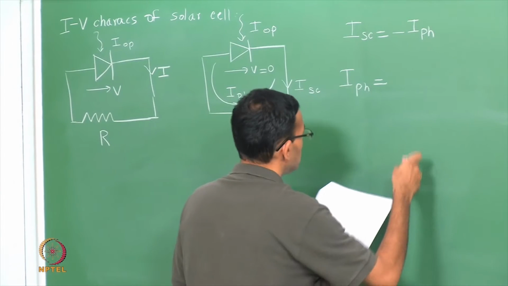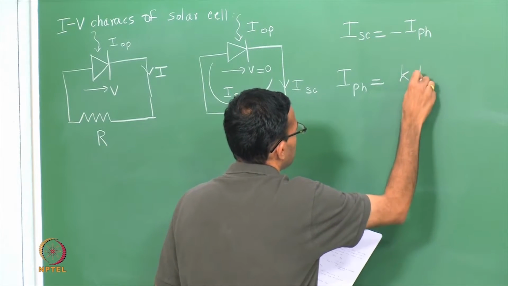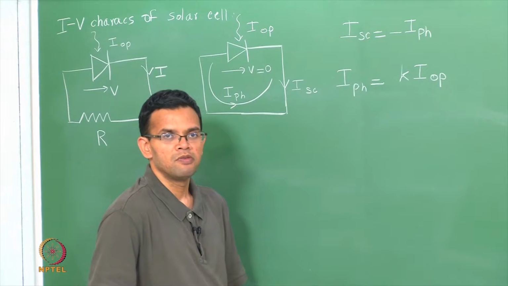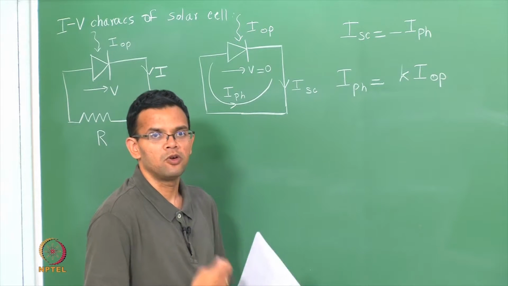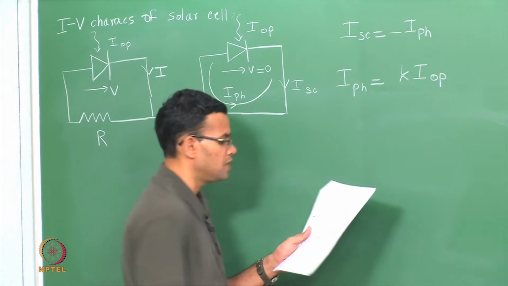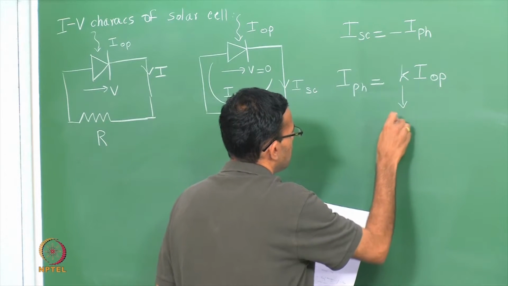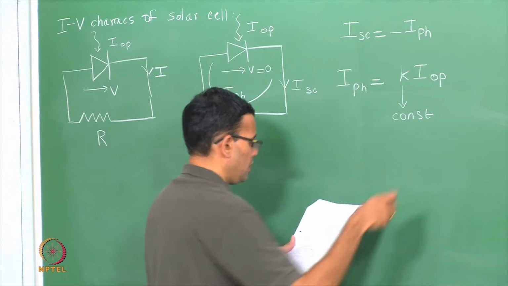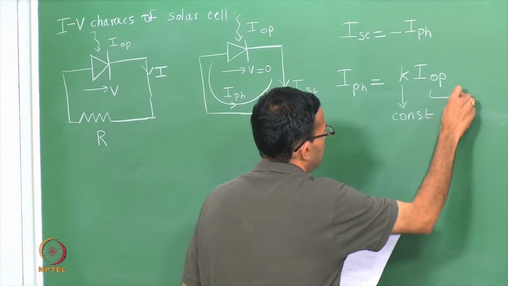So, IPH is usually some constant k times IOP, which is the intensity of the solar radiation shining on the device. So, k here is a constant and this is the intensity of incident radiation.